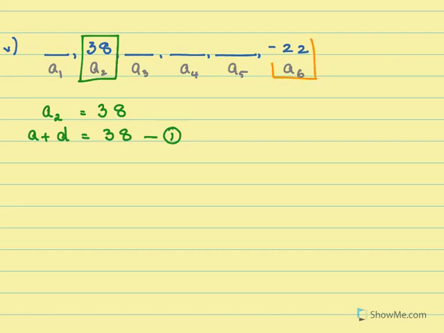And my next equation will come from here, which is A6 equal to minus 22. And what is A6? A plus 5D equal to minus 22. This is equation 2. Now I have to subtract here.